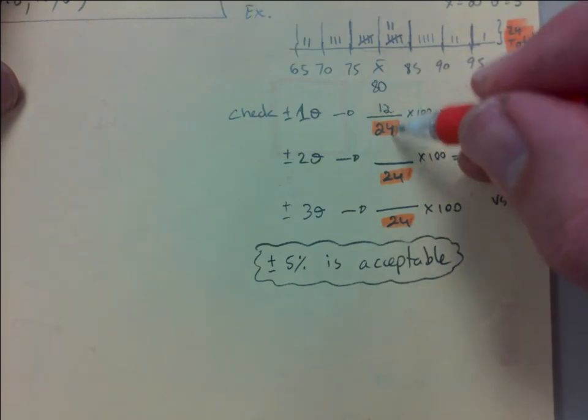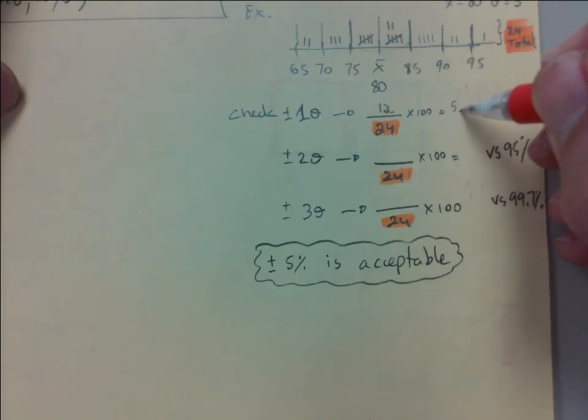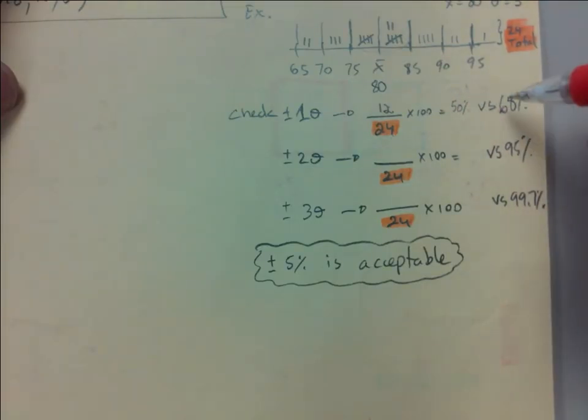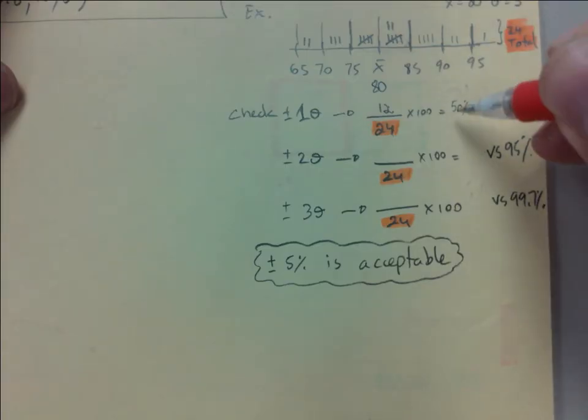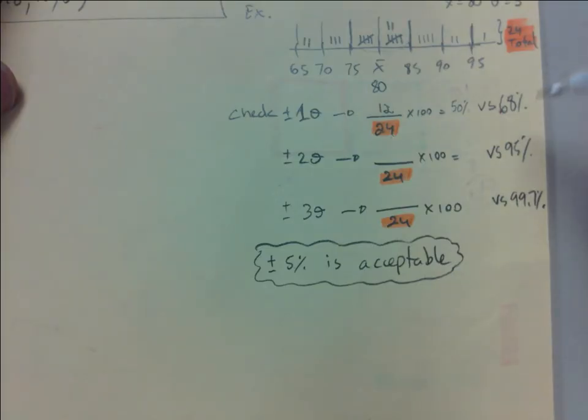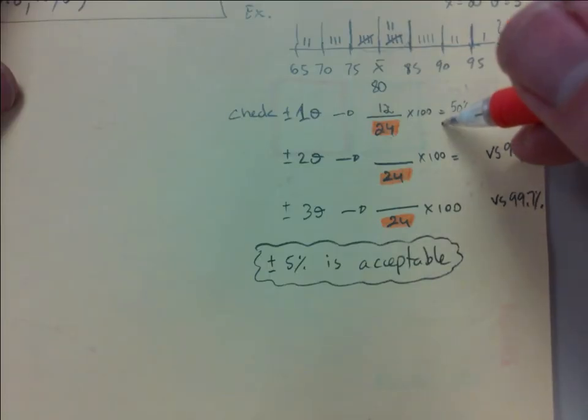It's half, right? 50%? Would this pass? No, it fails. 63 would still be acceptable, but anything less than 63 is not acceptable because if you go 5 less than this, that's 63. So this one fails.